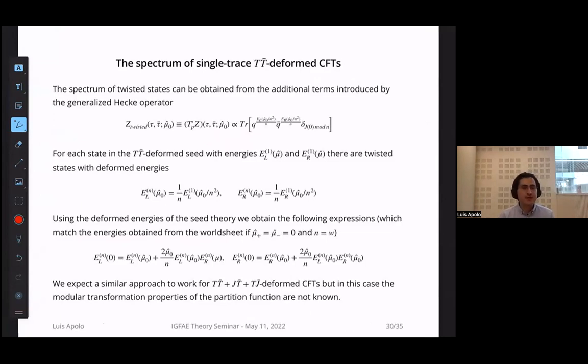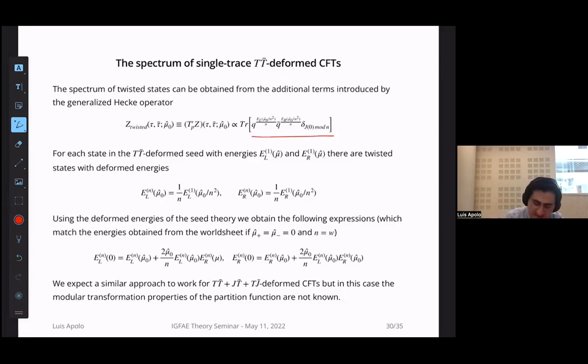Okay, so once we know the full partition function, we can read the spectrum of twisted states. These are the additional states that we have added to make the partition function modular invariant. And after a short calculation, you find that the contribution of the twisted states is given in this way.